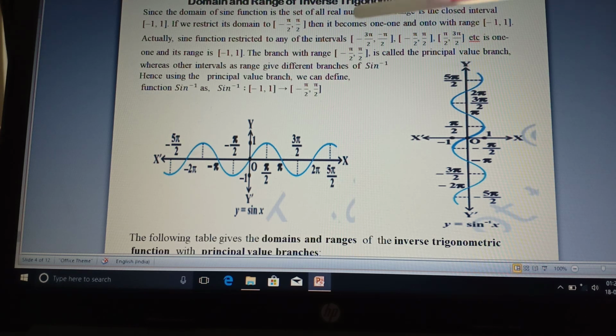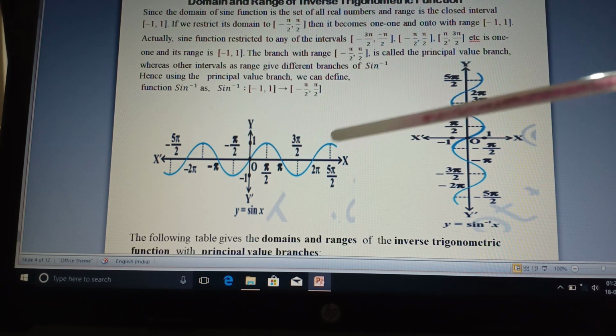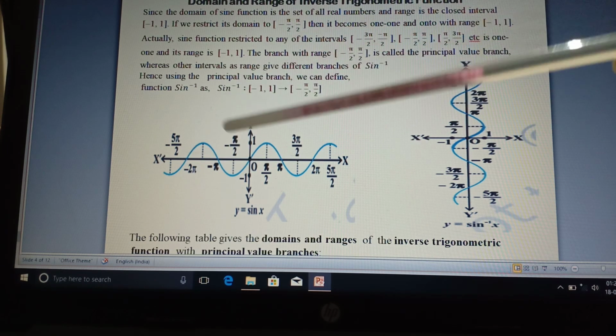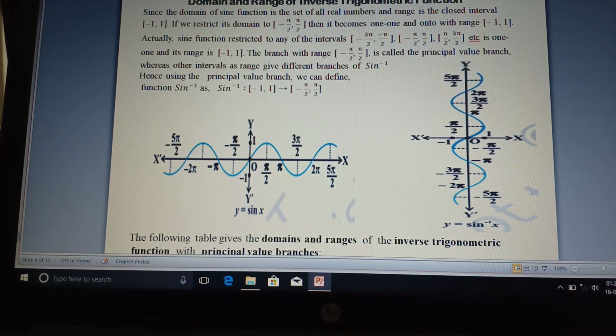You can see minus 3 pi by 2 to minus pi by 2, minus pi by 2 to pi by 2, pi by 2 to 3 pi by 2, etc. All are different branches. Here you can see in the diagram, all these are different intervals, and these are the branches of sine inverse.